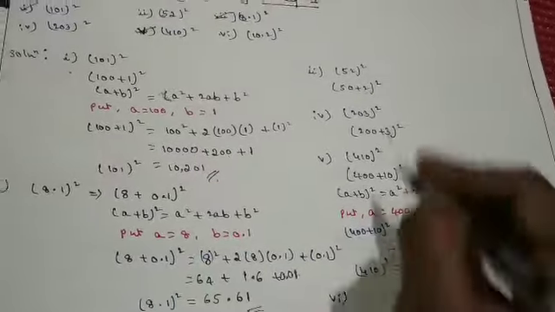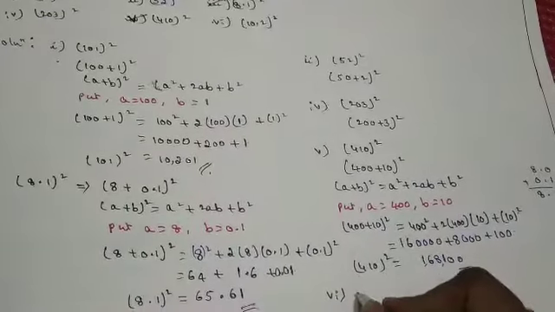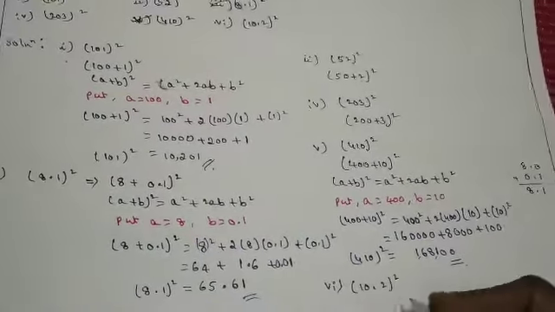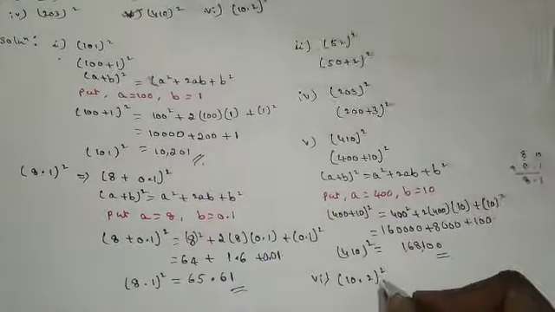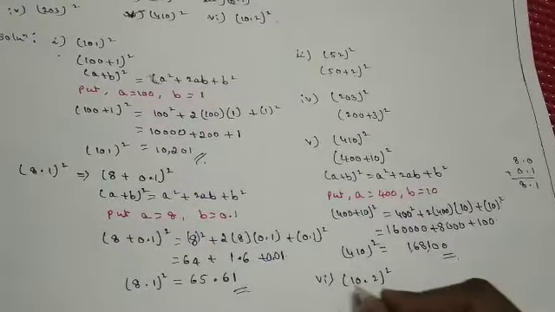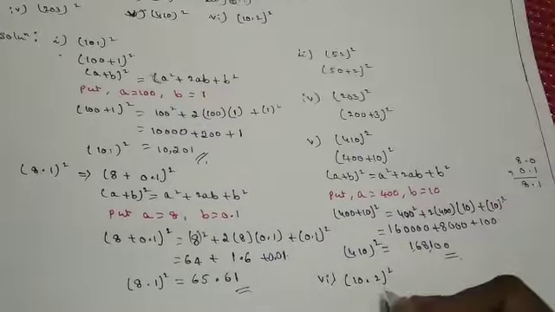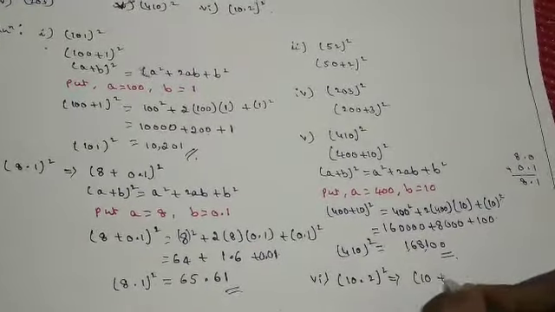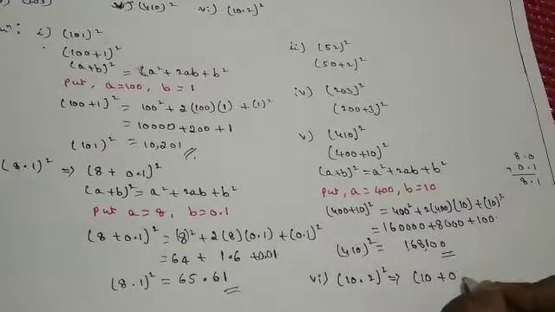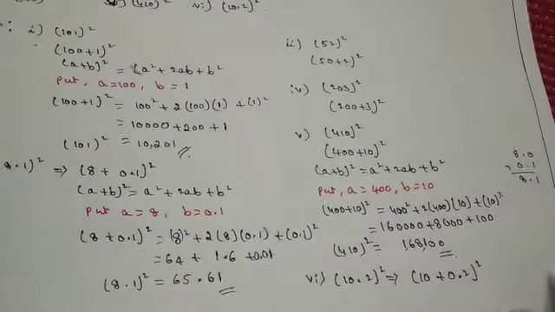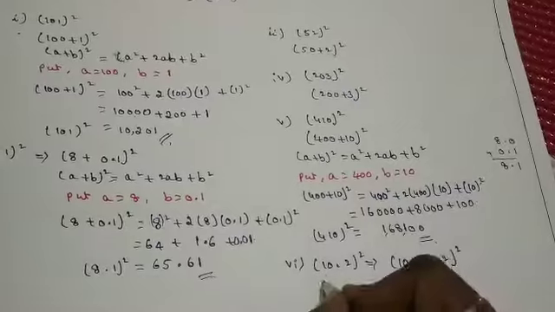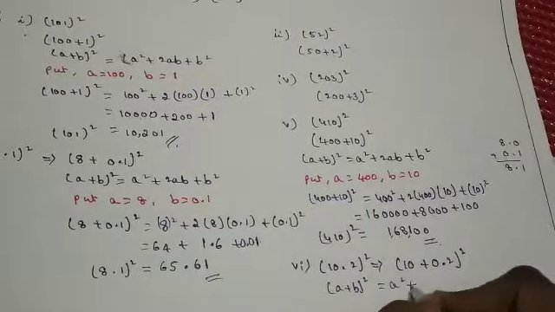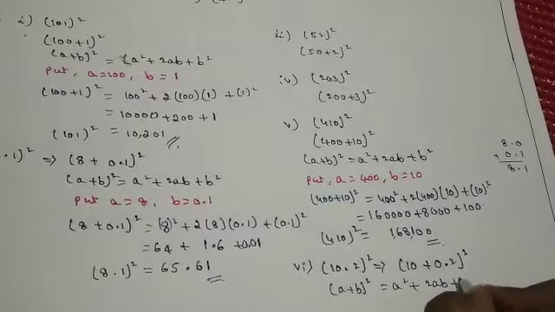Now we'll move to the sixth question. The sixth question is asked for you to do it, children. Let me give an idea how to do it. What is the sixth question? 10.2 whole square. As I told you, if it is a decimal, keep this number as it is, which can be written as 10 plus 0.2 whole square. Now a plus b whole square is equal to a square plus 2ab plus b square.